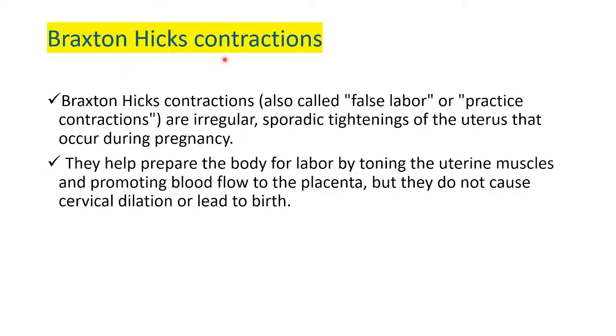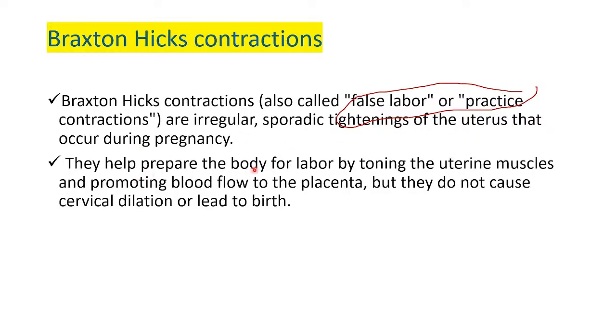The Braxton Hicks contraction is also called false labor or practice contractions. These are irregular, sporadic tightening of the uterus that occur during pregnancy.